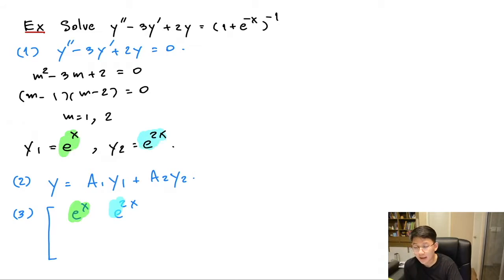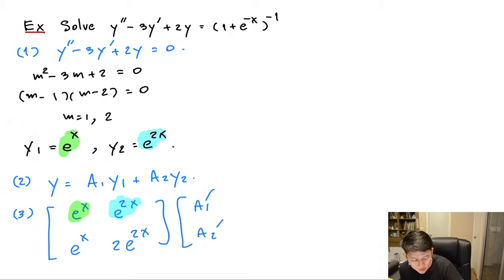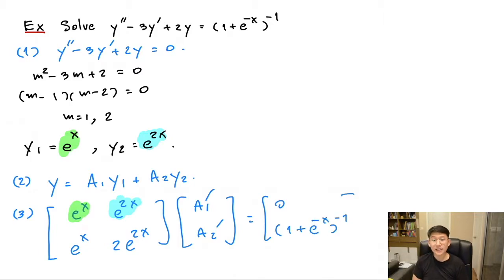And this row is y1 prime, y2 prime, so I differentiate y1, which is e to the x, to e to the 2x. Then I have a1 prime, a2 prime, and on the right 0 and r. Our r here is (1 plus e to the minus x) to the power of minus 1. It's as simple as that. Make sense?